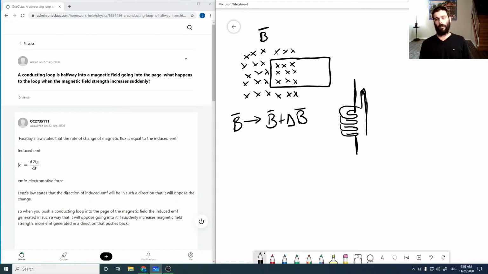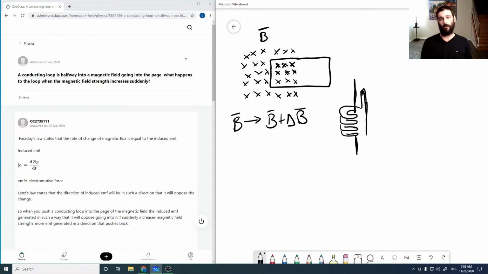And if we look at this, we're going to increase our B field downward, so into the page. And considering mostly the ones inside the loop, inside the loop is where the B field from the loop is going to be concentrated. So that's where the largest opposition is going to happen.